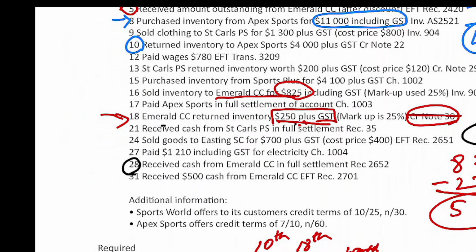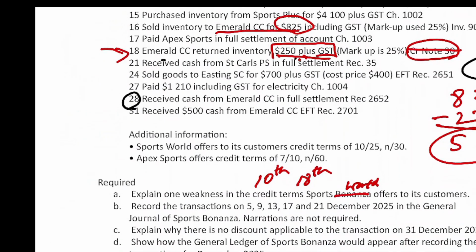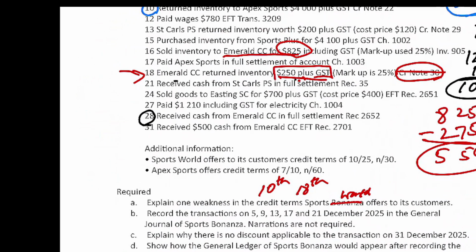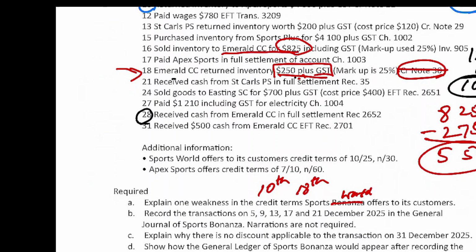Alright, so how much is the discount percent? 10%. Then how much is the discount on this 550? 55.